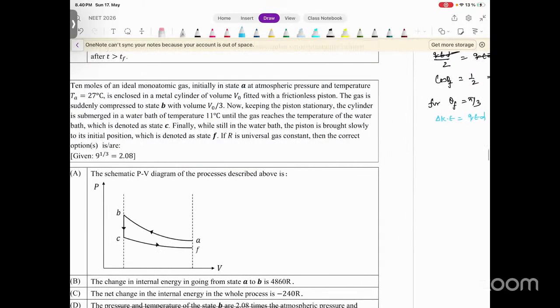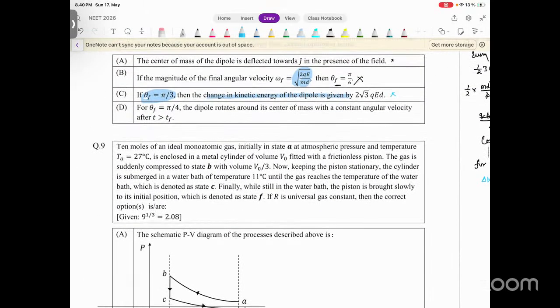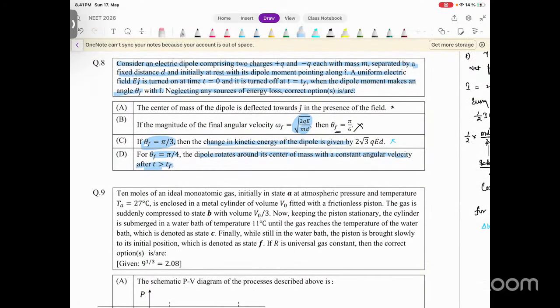Now see, what is the fourth option telling? If theta final is pi by 4, the dipole rotates around its center of mass with a constant angular velocity after t greater than t final. What is given in the problem? The field is turned off at t equals t final.